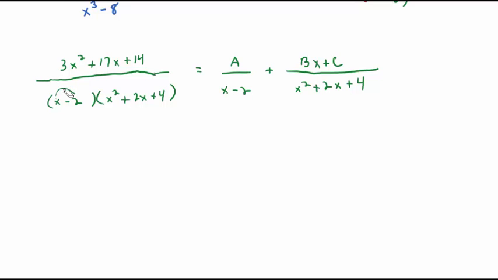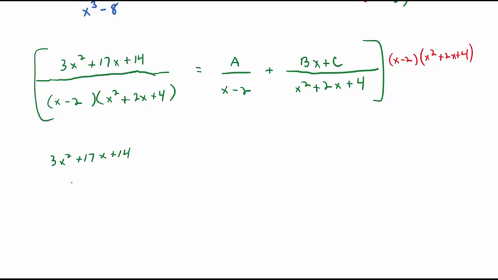Okay, now the rest of the method looks much the same. Let's multiply both sides through by the LCD, which is just this guy here. I don't have room on the left side, so I'll write it over here: x minus 2 times x squared plus 2x plus 4. Multiply both sides by that. And what are you left with? The left-hand side is really easy. It's always just the numerator, always: 3x squared plus 17x plus 14.